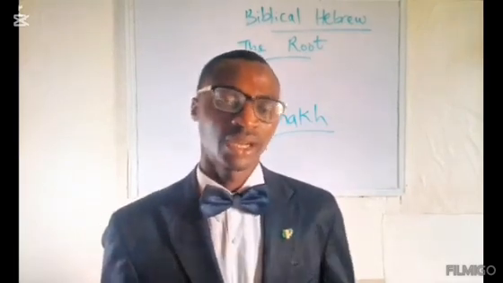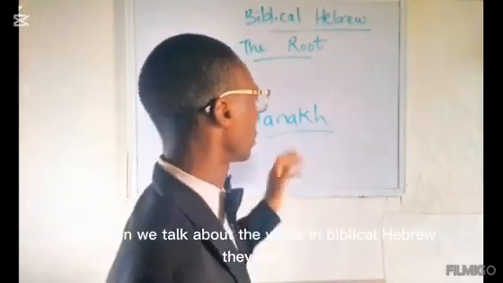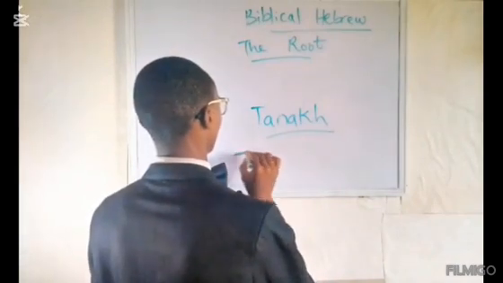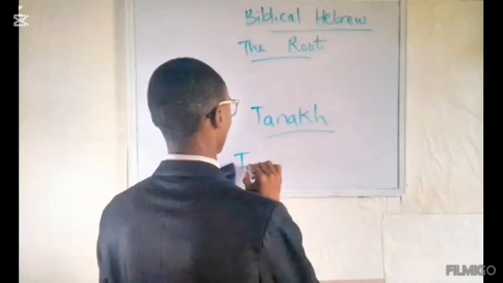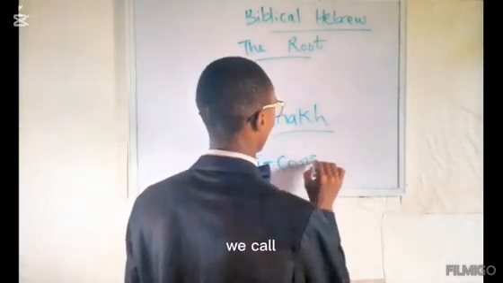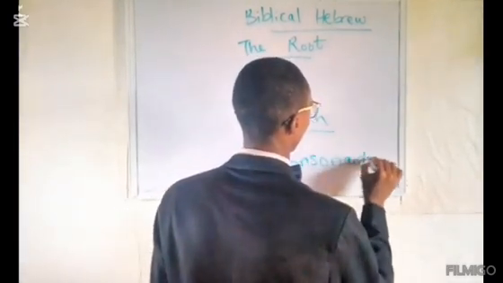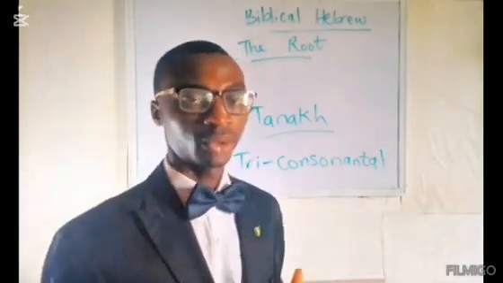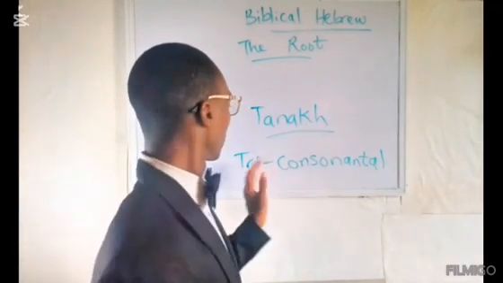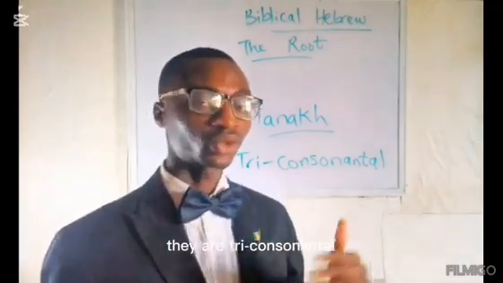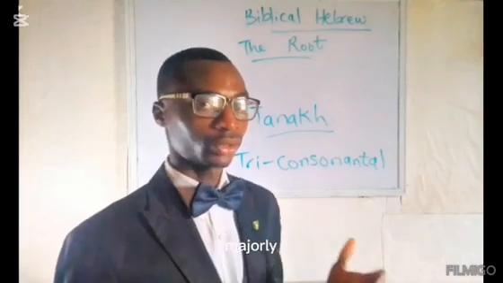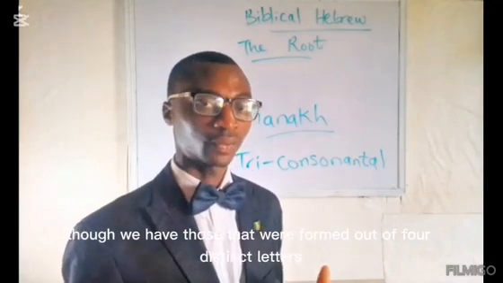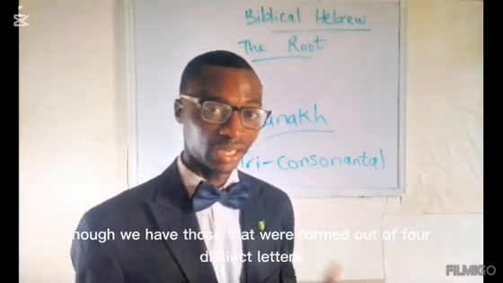Now, when we talk about the verbs in biblical Hebrew, they are formed from what we call a consonantal structure. In other words, biblical Hebrew verbs are triconsonantal for the most part, though some are formed from 4 distinct letters.